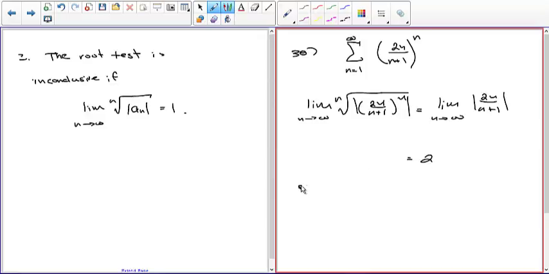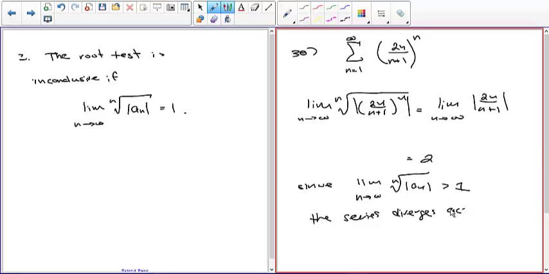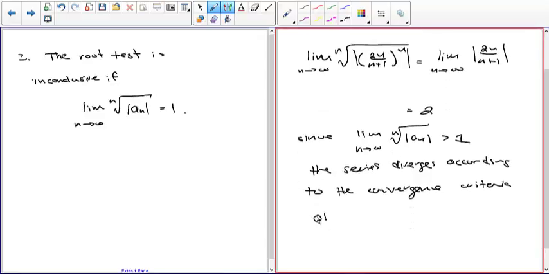So what you would say is, since the limit as n goes to infinity of the nth root of the absolute value of a sub n is greater than 1, the series diverges according to the convergence criteria of the root test.